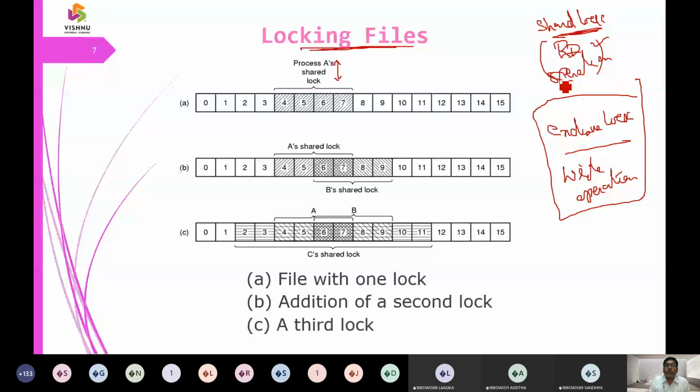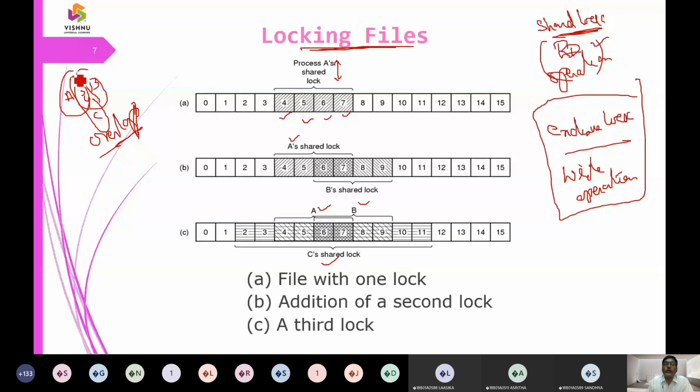So this one, 4, 5, 6, and 7, we say process A is going to have it. Now we can say there is an overlap here. If I say A and B, the common are 3 and 4. Similarly, another process, C, is there. So now you can see process A, process B, and process C are going to have some shared locks.